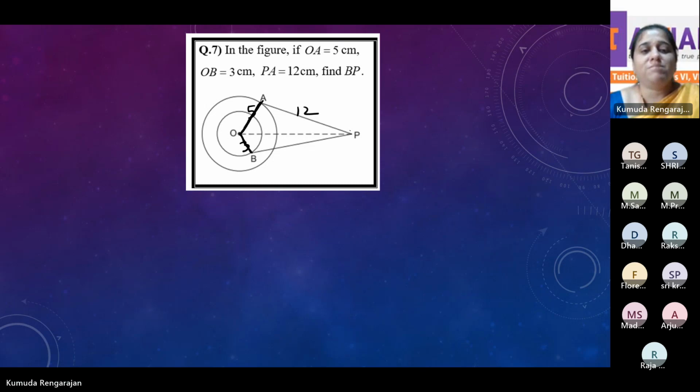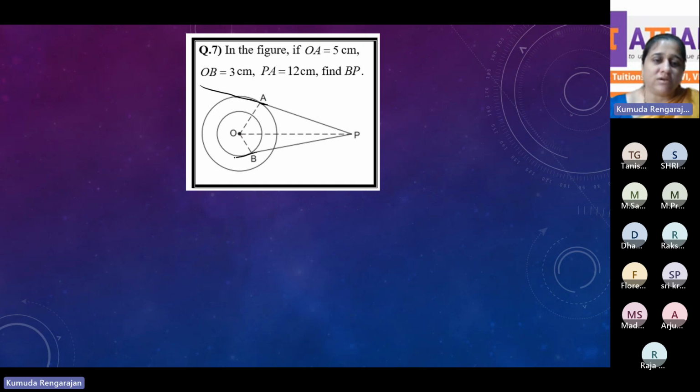You might say that if you produce PA in this figure, it will intersect the circle and look like a secant. Ignore that. It's a tangent only.